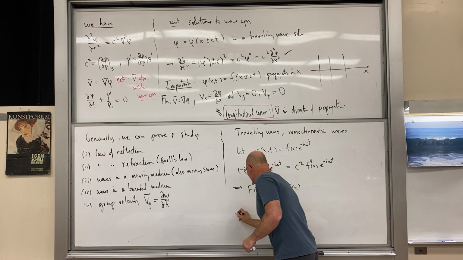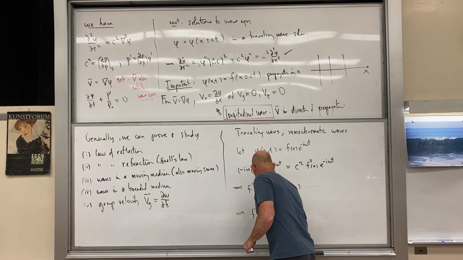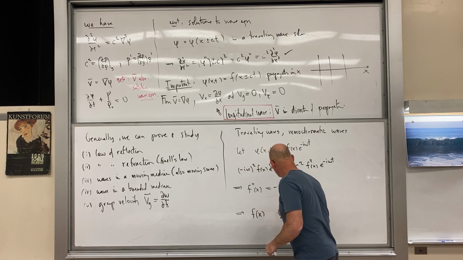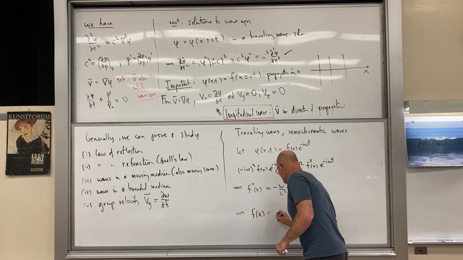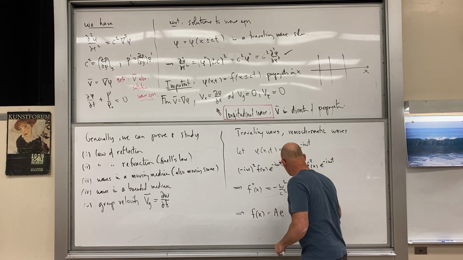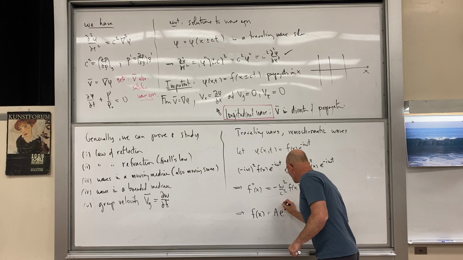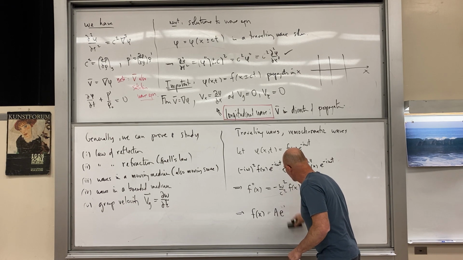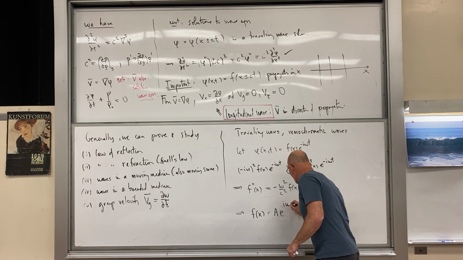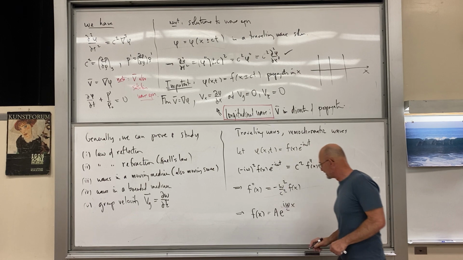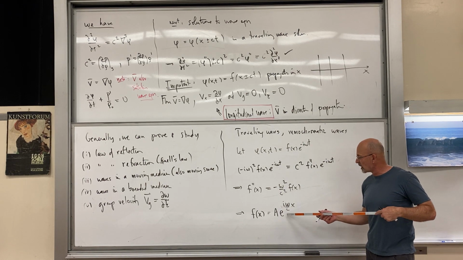So we can go ahead and say f of x is just equal to some constant times e to the, we can take plus, e to the i omega over c times x. Okay, we'll just go ahead and go with this one.